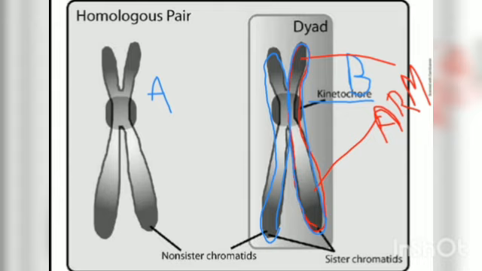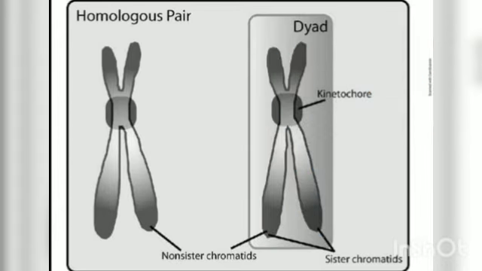Remember, the chromatids of one chromosome are called sister chromatids, whereas the chromatids of two different chromosomes are called non-sister chromatids. Okay, and one chromosome of one homologous pair is called a dyad because it has two sister chromatids.